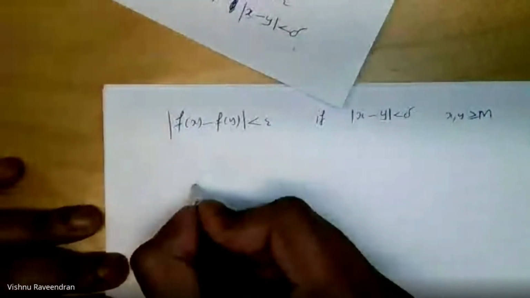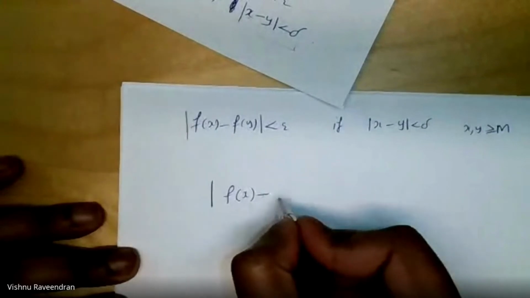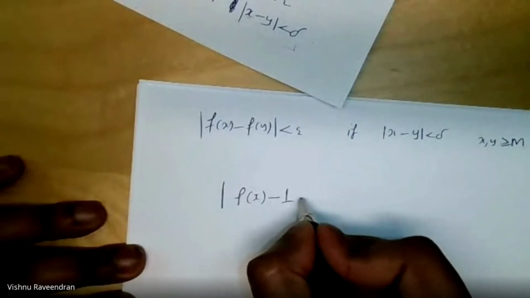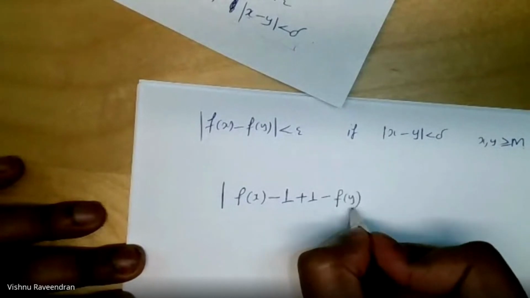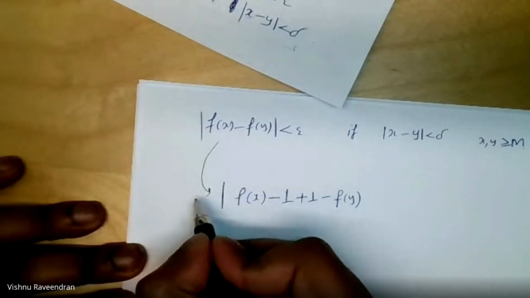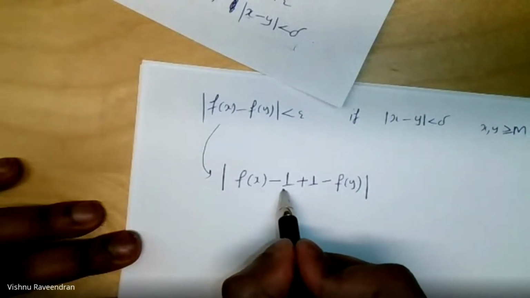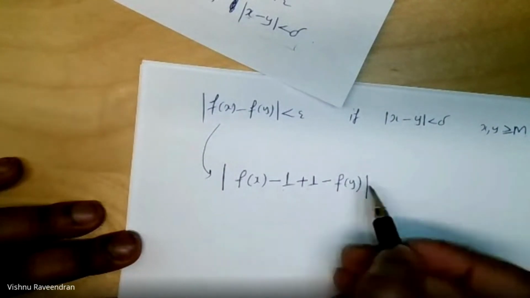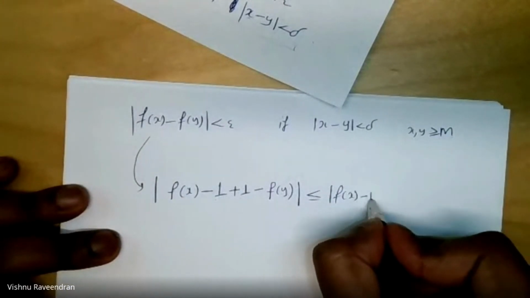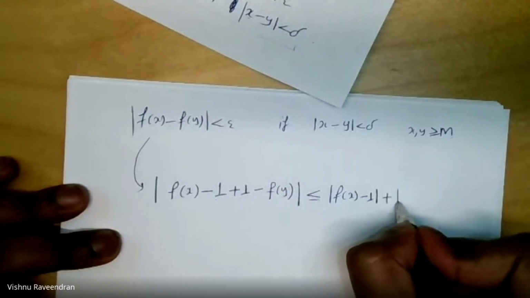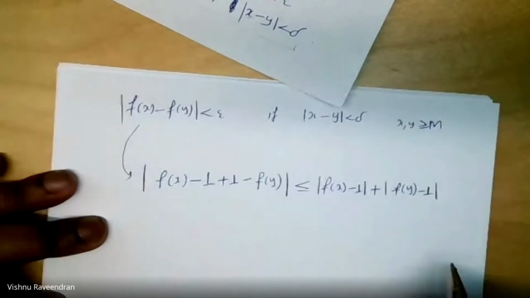And we need f of x minus f of y. So what we can do is that, for f of x minus f of y, we can add and subtract 1 here. So this you can write as f of x minus 1 plus 1 minus f of y. So this will be less than or equal to the absolute value of f of x minus 1 plus f of y minus 1.